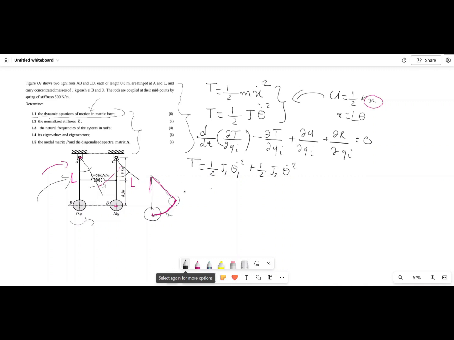Let's say for you here, I'll write half K, and what will I have here? Because this spring is between this element and this element, there will be a change of displacement.